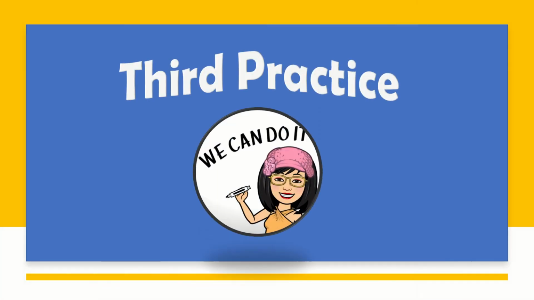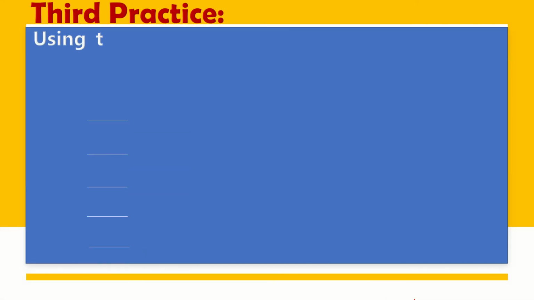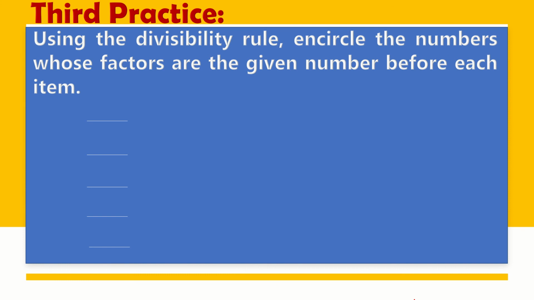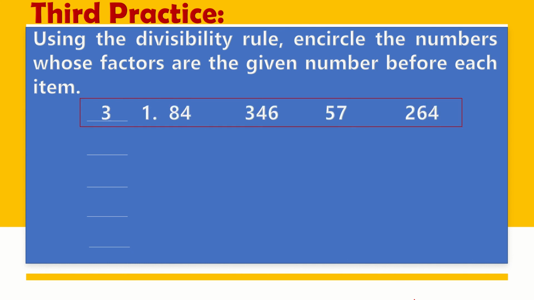The third practice and the last practice. The direction is, using the divisibility rule, encircle the numbers whose factors are the given number before each item.